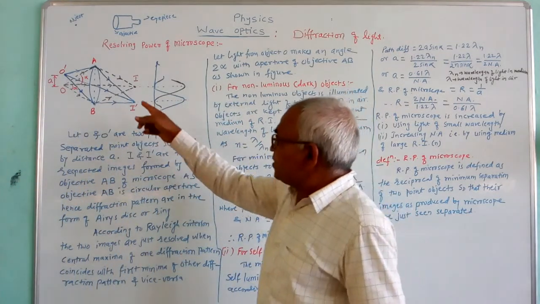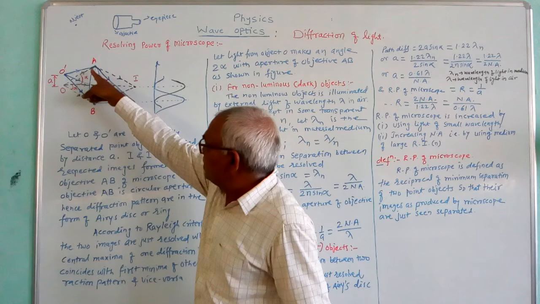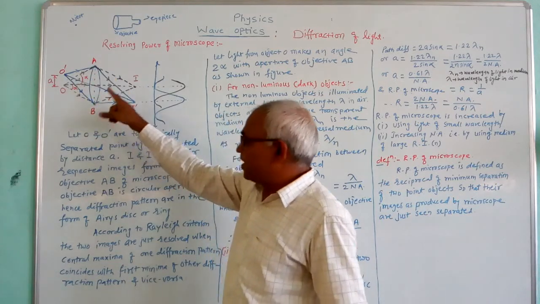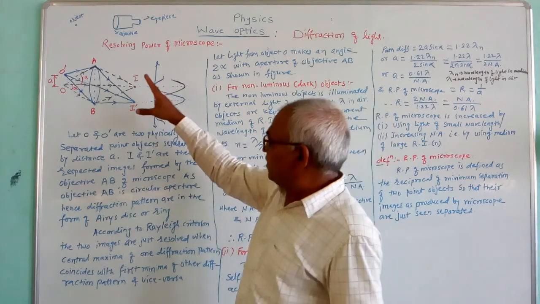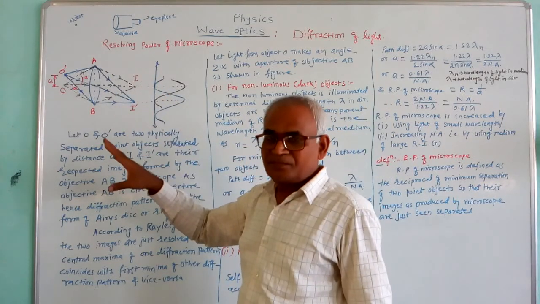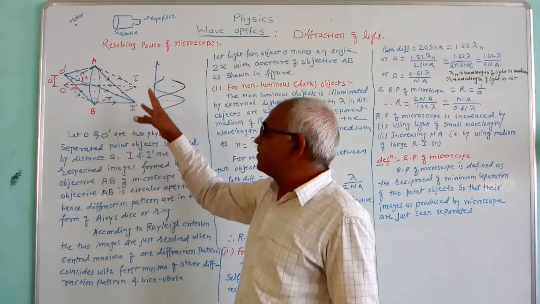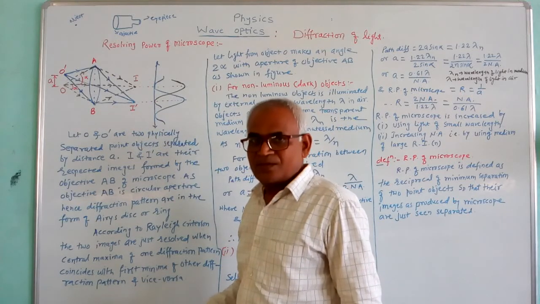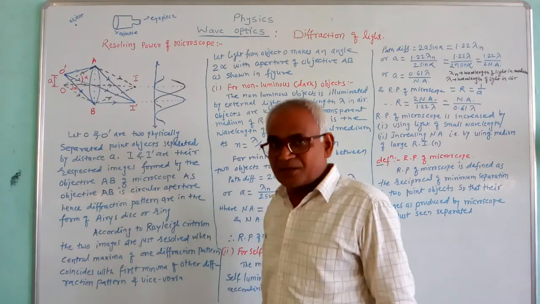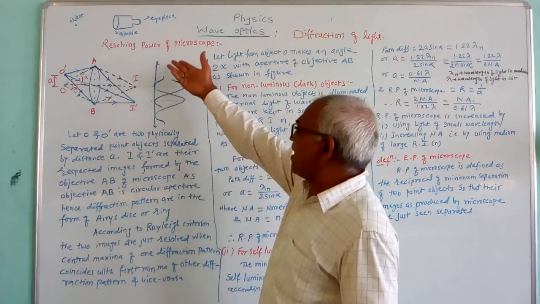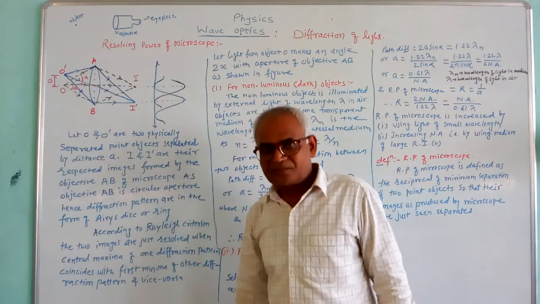As this objective is a circular aperture, it acts as a circular aperture, therefore the diffraction pattern of the images given by the objective is in the form of an Airy disk or Airy ring.